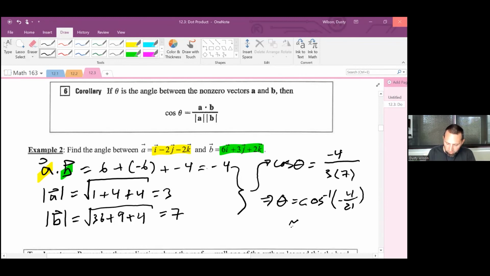Remember, that's the exact answer. But if I wanted this approximately, I can make sure that my calculator is in radian mode. That's always my default. And find the arc cosine of negative 4 over 21, and I get approximately 1.76. And that would be radians.